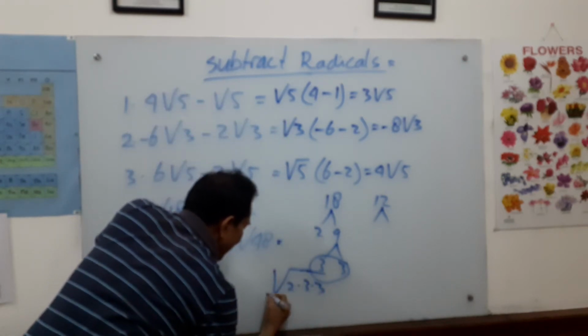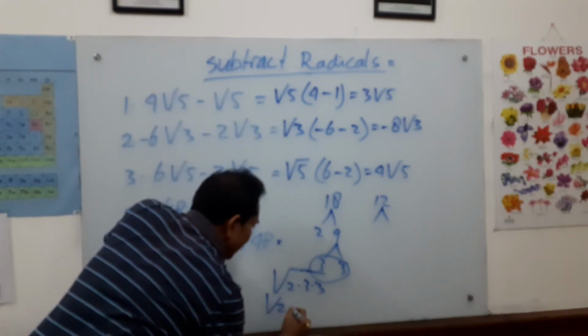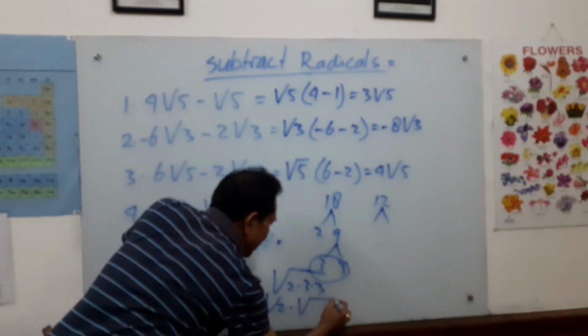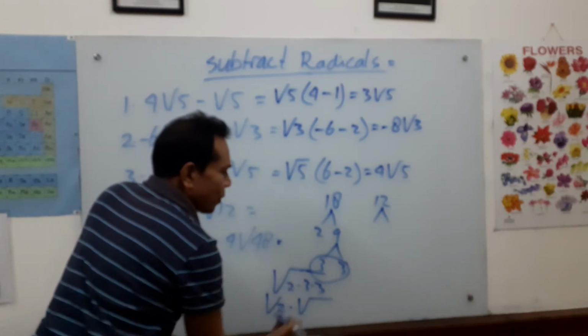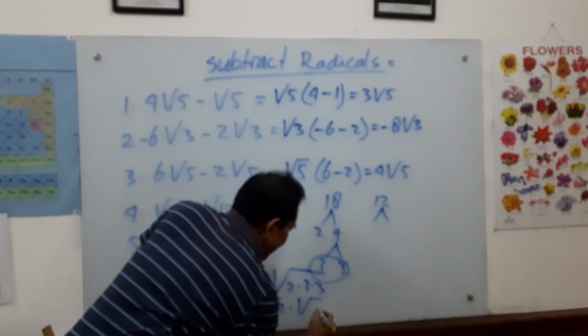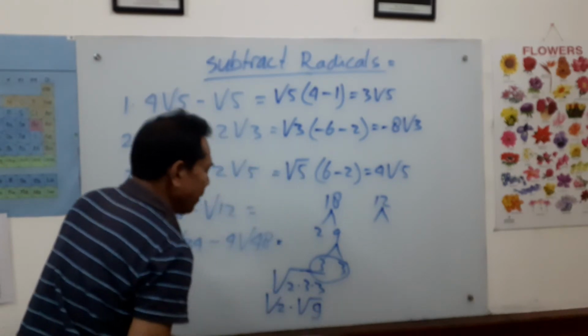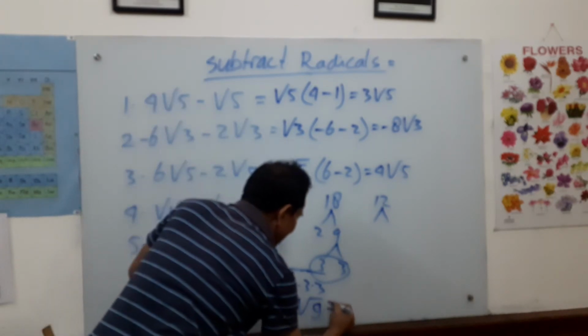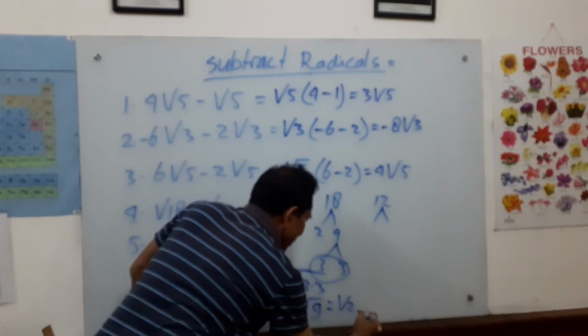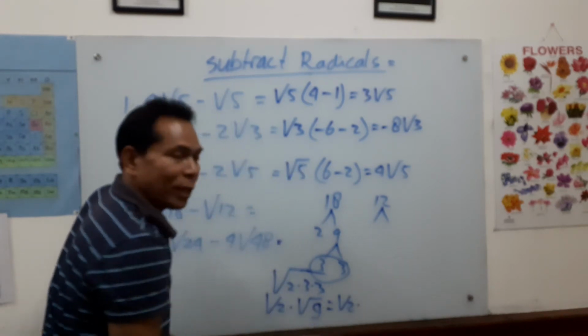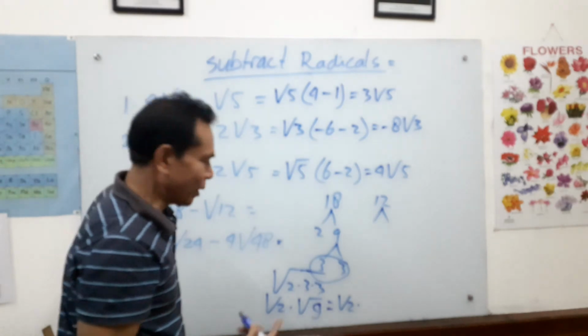So we take square root 2 times square root 3 times 3 is 9, so square root 9. Now, we cannot break square root 2, so we put here 2 times square root 9. Square root 9 is a perfect square, so it is 3.